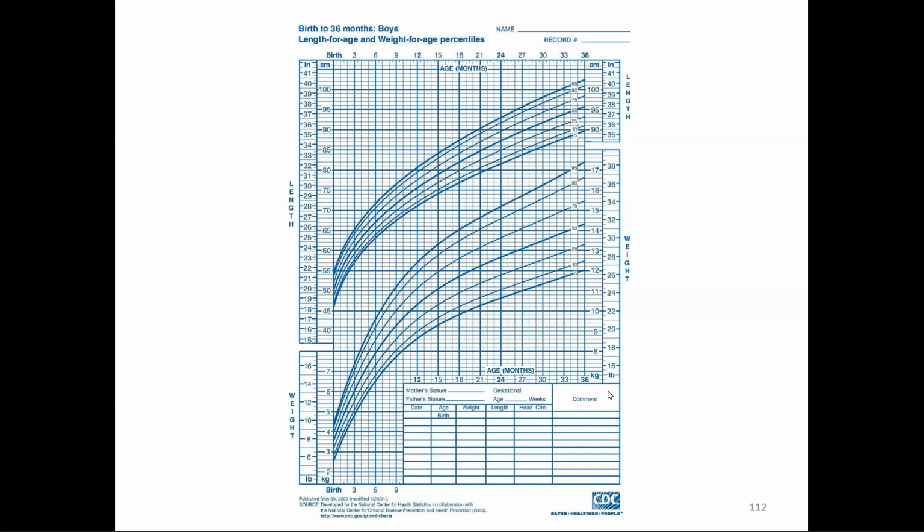You have weight, which starts over here and continues on this side, and length here, which continues on this side as well. What this shows us is the correlation between age and weight and age and length for a large sample of, in this case, boys.